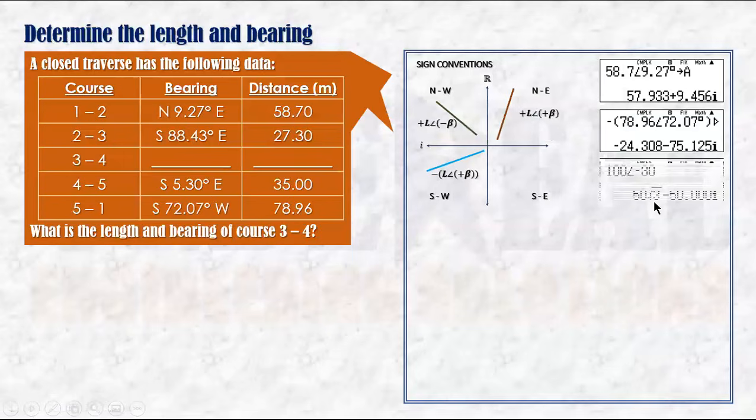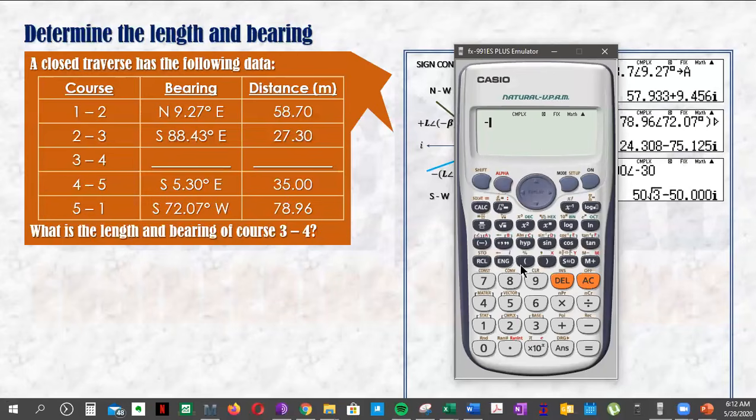So, let's proceed. Now, for the southeast, similar to when I took the complex for the southwest, it's just the negative of this. So you just negate the quantity of this. For this one, since it's southeast, I'll make it negative of 27.3 angle negative of 88.43 degrees.